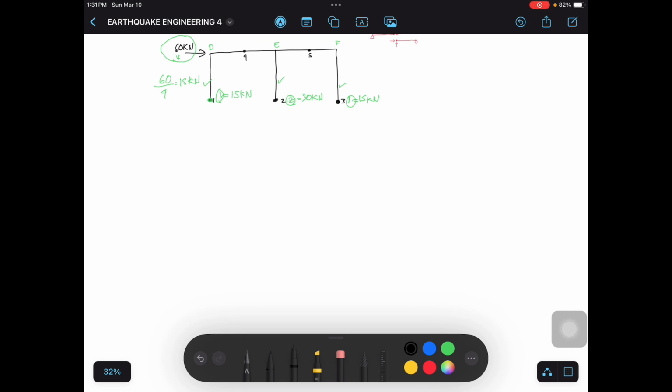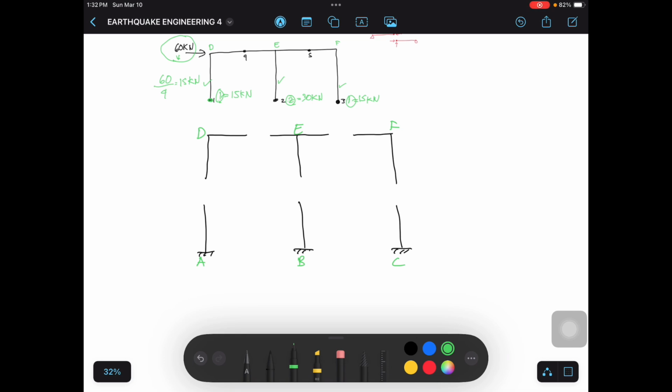Yung segment is yung dinisassemble na natin yung buong structure sa mga hinge points nila. So, yan yung segment. And then, anong segment to? Segment D, E, F, A, B, C.